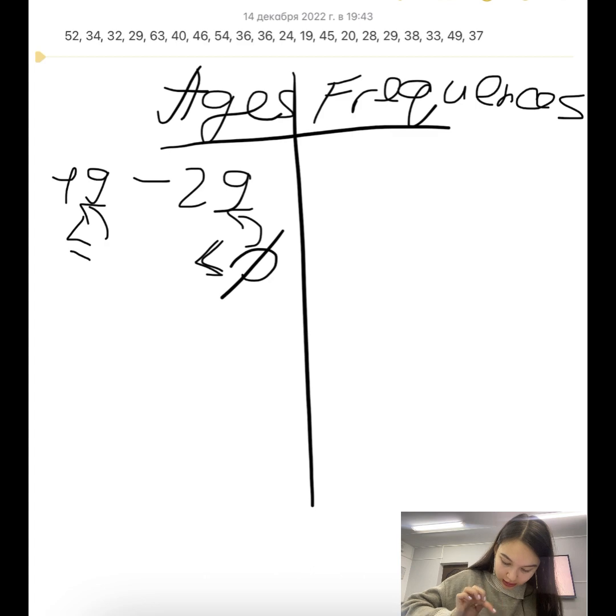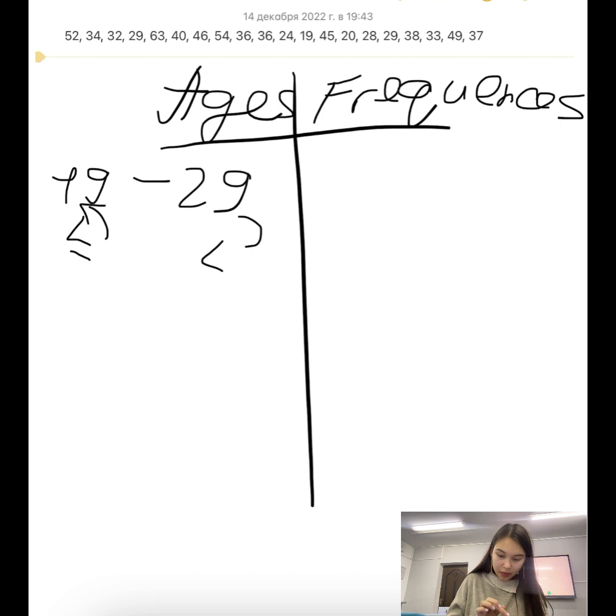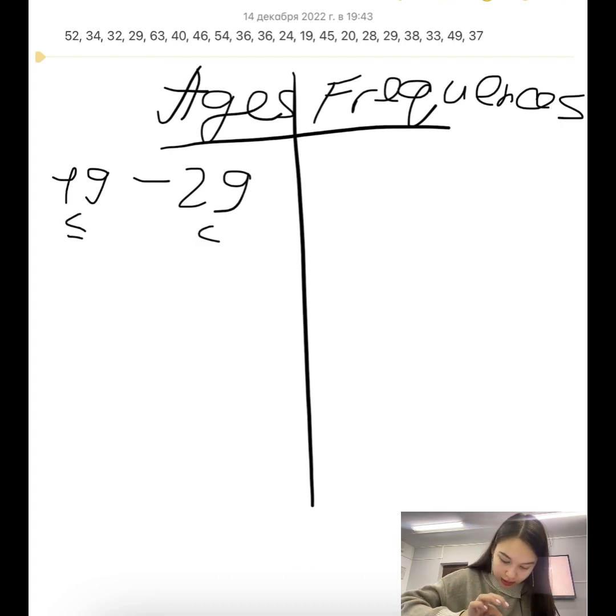It is more or equal, but this has a strict symbol. So from 19 to 29, 19 is included but 29 is not.